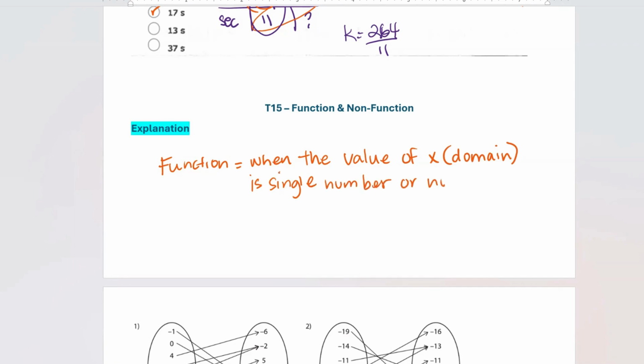So there's no number in the x that is repeated.